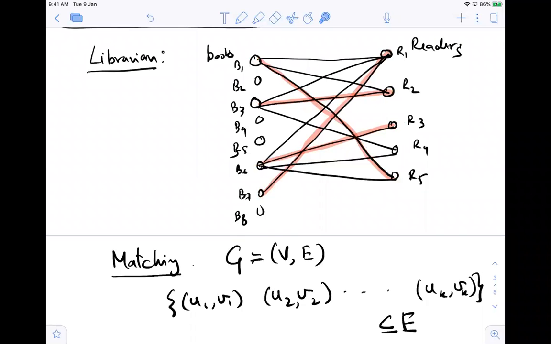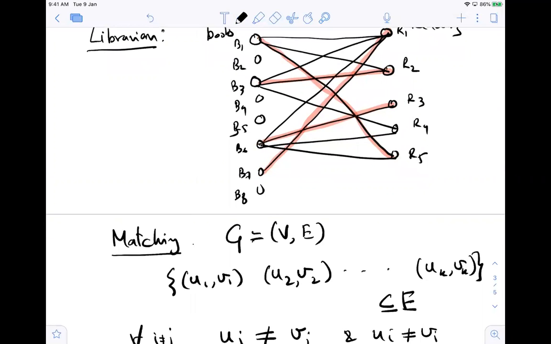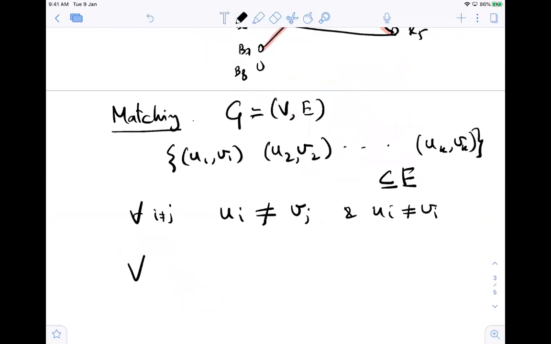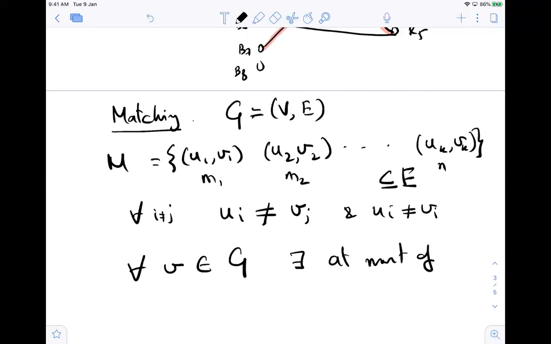Fine. Another way of saying it, same way, is that for all vertices in the graph G, there exists at most one. And by the way, these are called the matching edges, M1, M2 till MK.